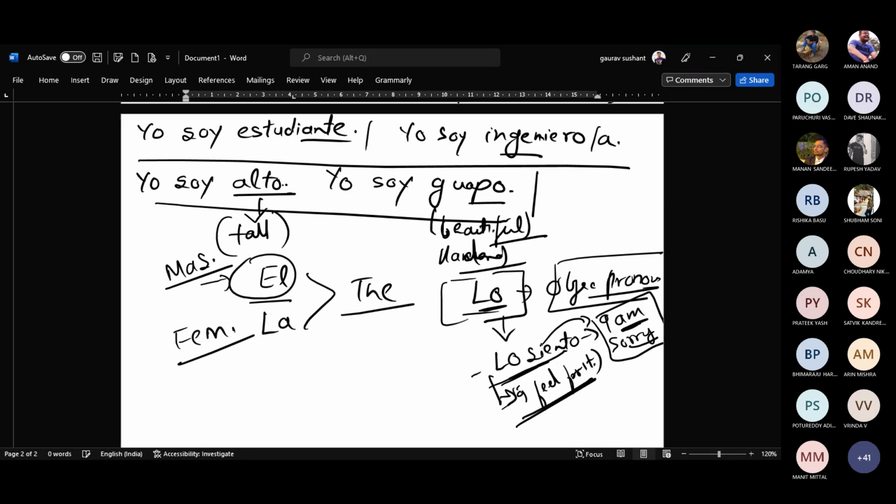But in English, you do not use this expression when you have the same message. You don't say "I feel it". You generally use "I'm sorry". So this lo is basically referring to it as an object pronoun. But then again, it is a little bit higher level of grammar, so no need to go deeper.